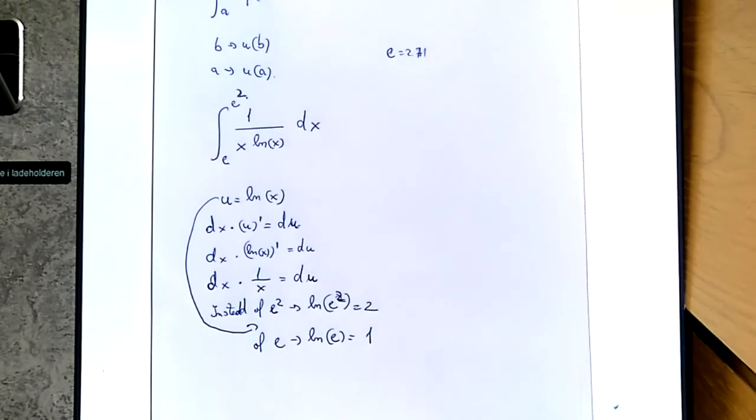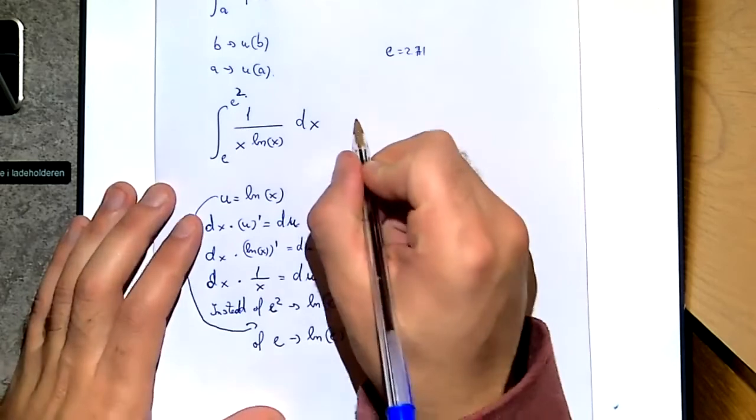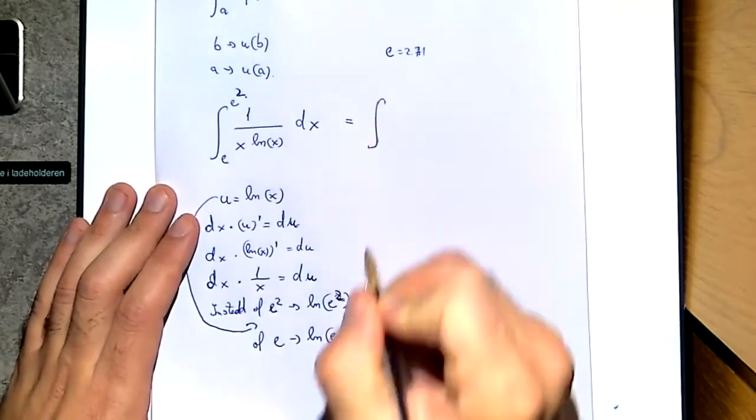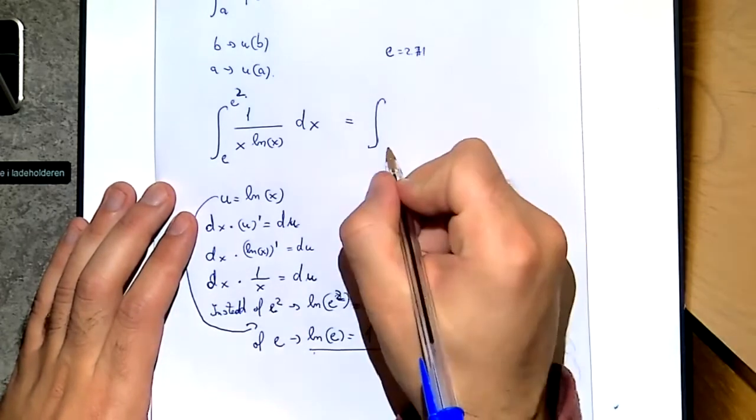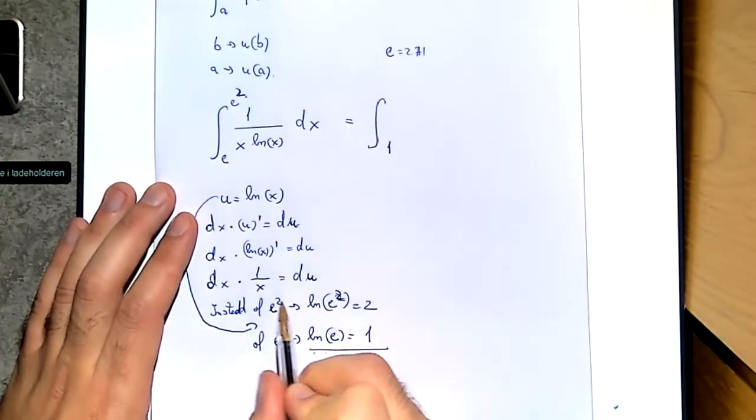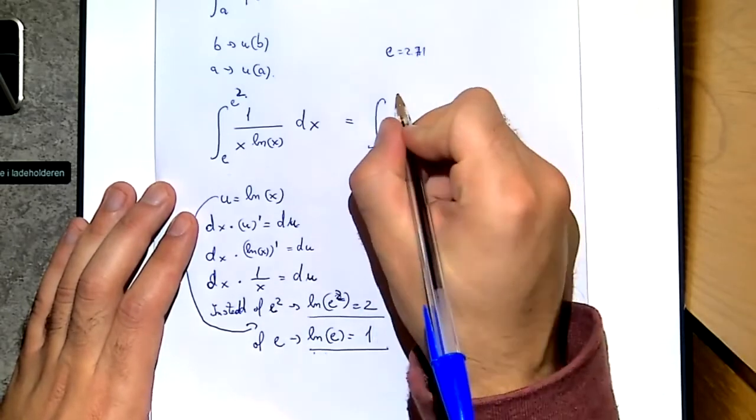So this is equal to the integral, and again, here instead of e, I have log of e, which is 1, and instead of e squared, log of e squared, which is 2.